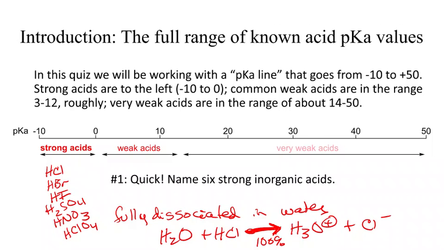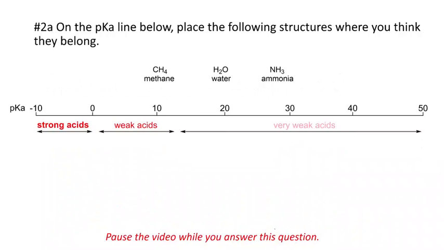Okay, now, here we go. On the pKa line below, place the following structures where you think they belong. You can obviously do this in your head if you want to, but I actually would recommend doing it on a sheet of paper, starting with drawing this full line from -10 to 50 and entering them yourself.